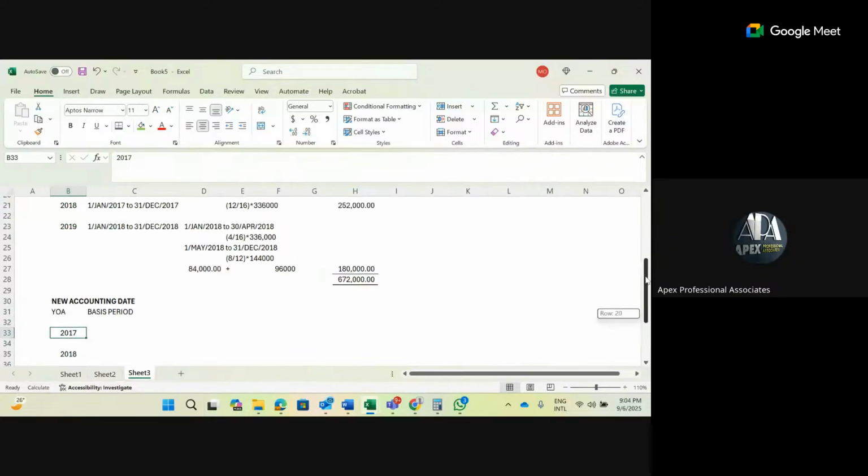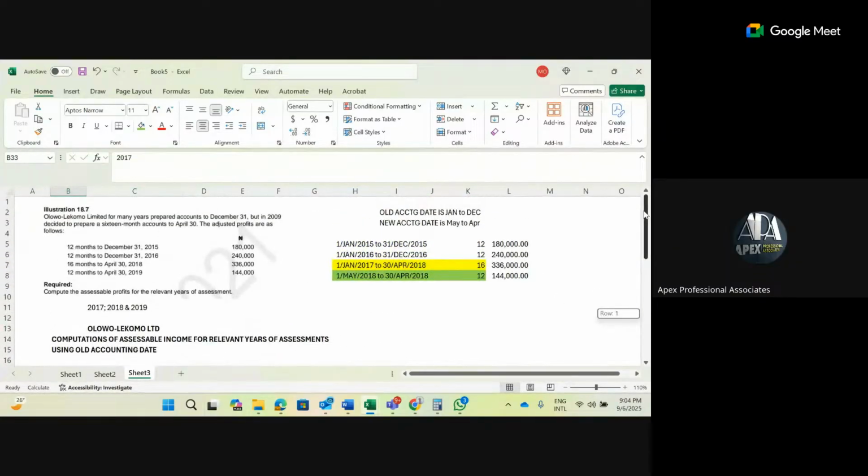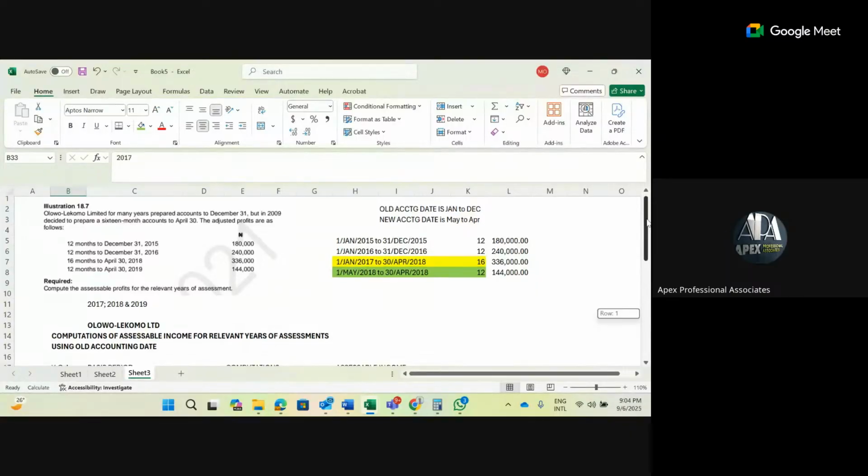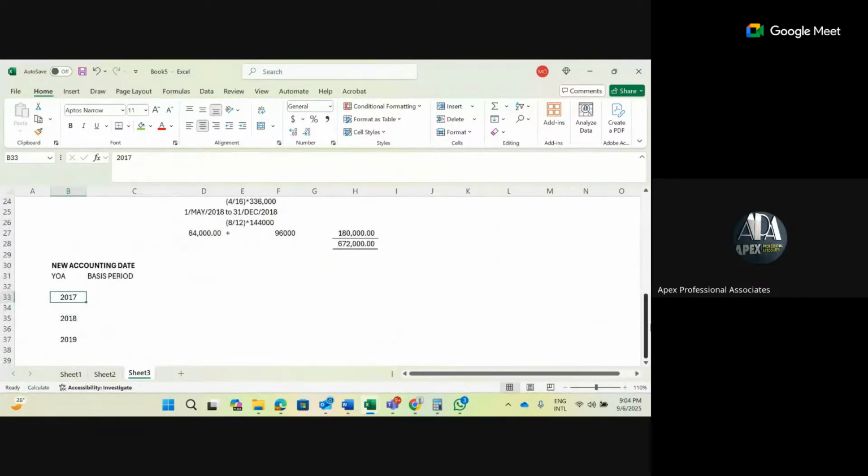Now that the new business date is from 1st of May to 30th of April, to guide us not to make an error, let's start with the ending of the first one, 2017. Definitely the ending is going to be 30th of April 2016.